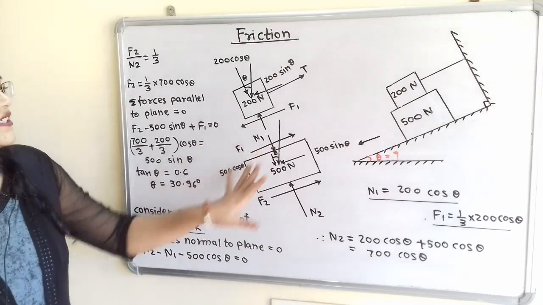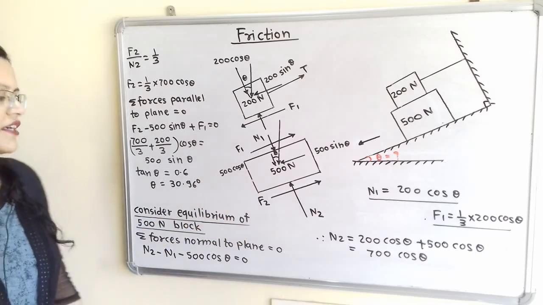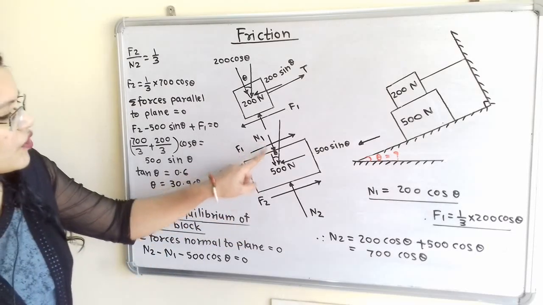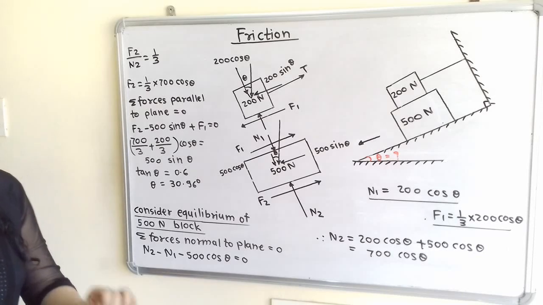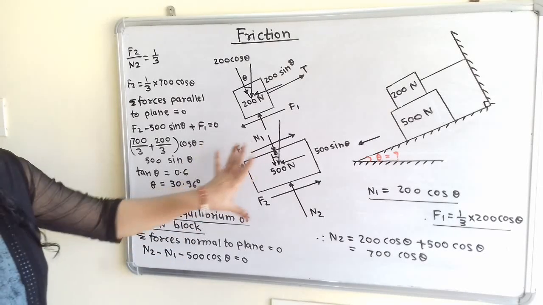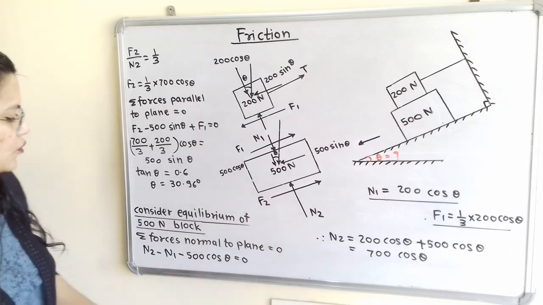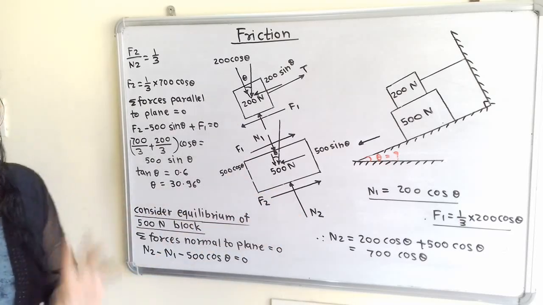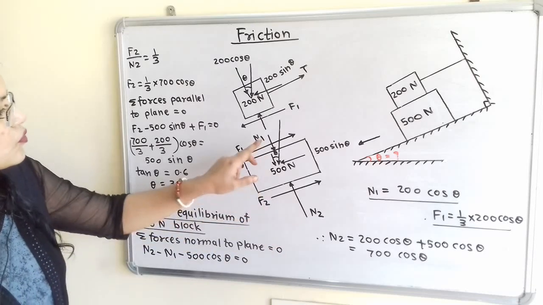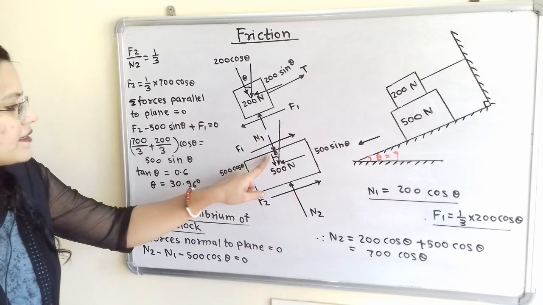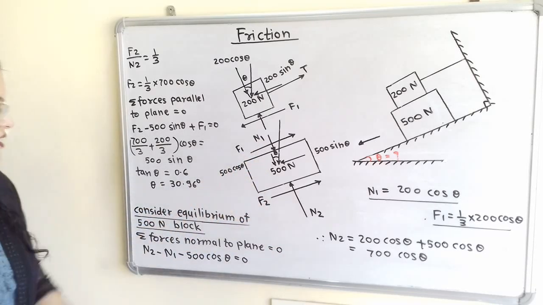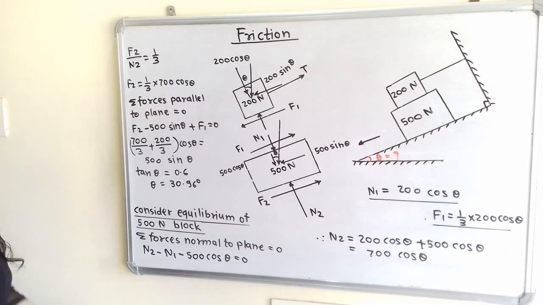When we consider the equilibrium of the 500 Newton block, the summation of forces normal to the plane is equal to 0. From the diagram, which are the forces normal to the plane? This is N2. For this upward direction we will consider positive sign. So N2 minus N1 minus 500 cos theta is equal to 0.